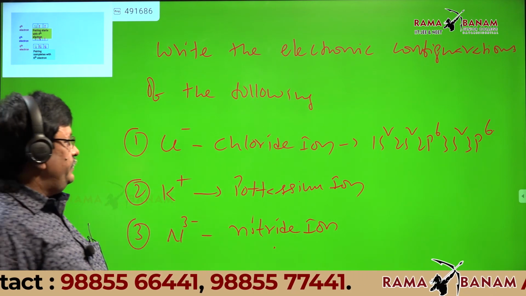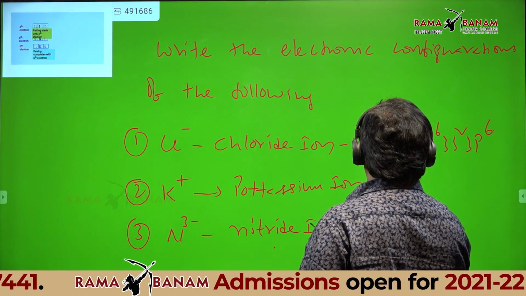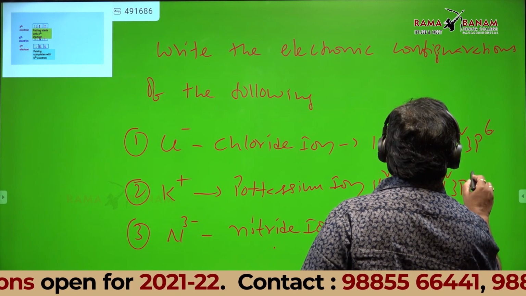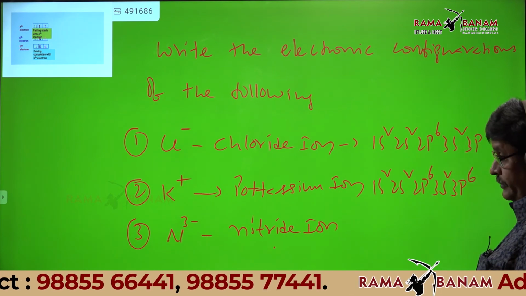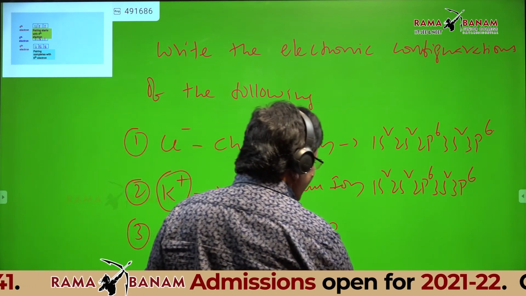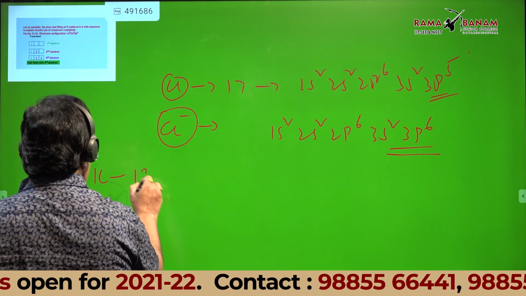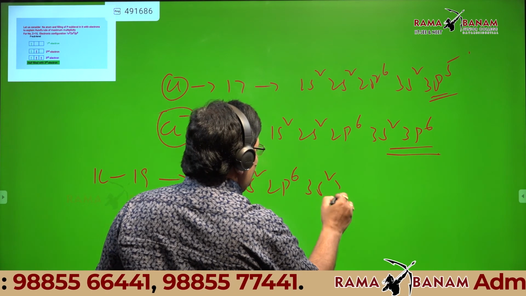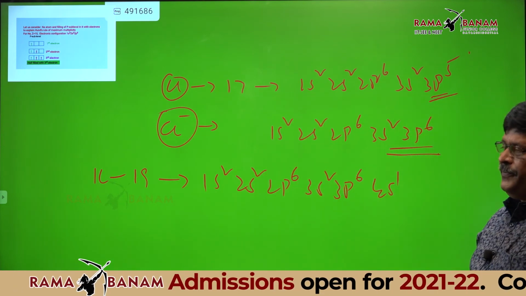1s2, 2s2, 2p6, 3s2, 3p6. 4s2 or what? K plus I am asking. Potassium is 19: 1s2, 2s2, 2p6, 3s2, 3p6, 4s1.